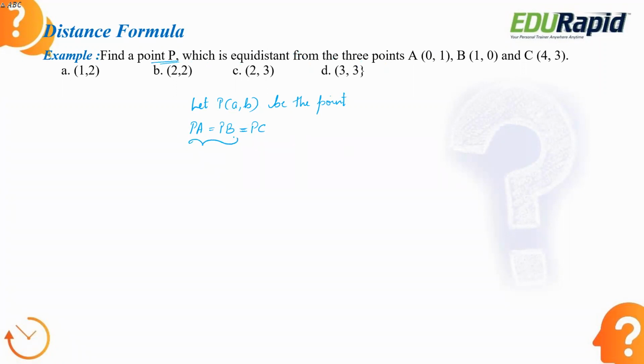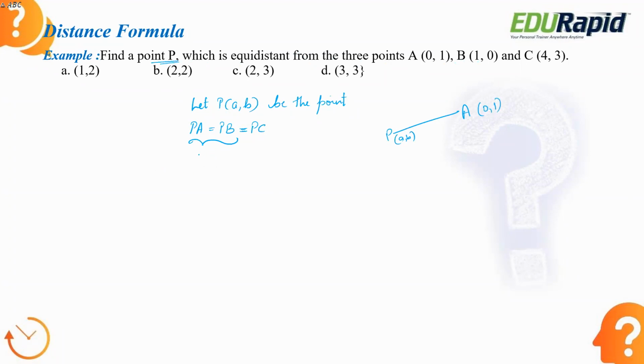First, let me consider PA is equal to PB. Here, I know the distance between PA. If I consider a straight line PA, and they've told it's equidistant, I can take P as (a, b), and A is already given as (0, 1). What would be the distance here?